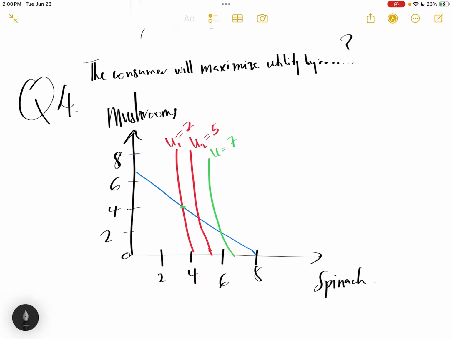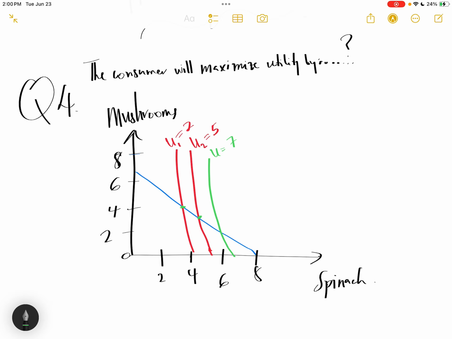To find where the consumer is maximizing utility and so is consuming the optimal bundle, we have to see tangency between the indifference curve and the budget constraint, right? So even at U2, we do not see any tangency. We see an intersection, and that's not what we're looking for.